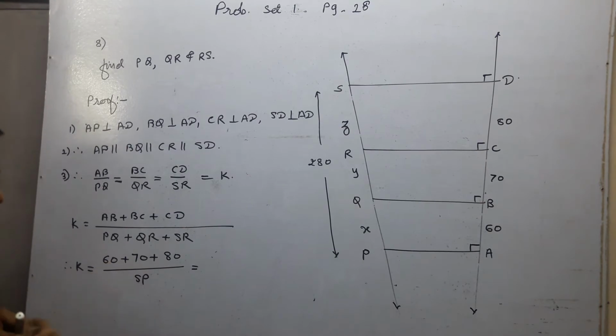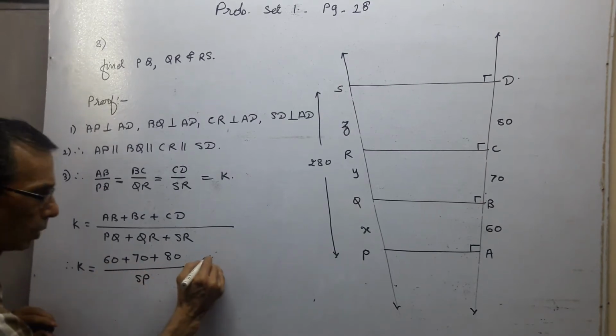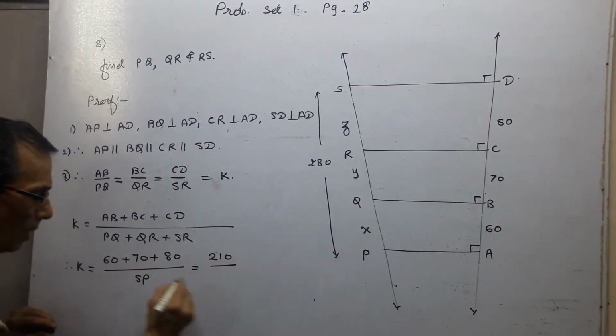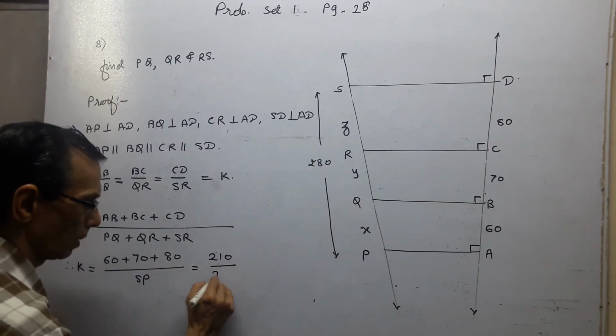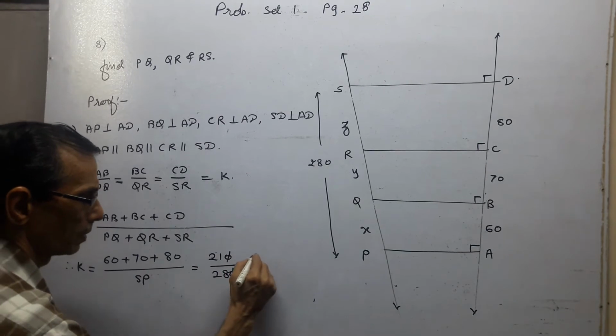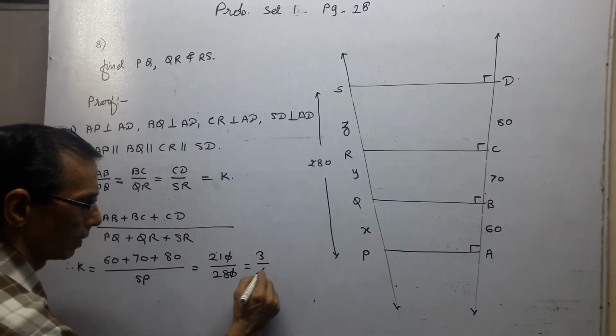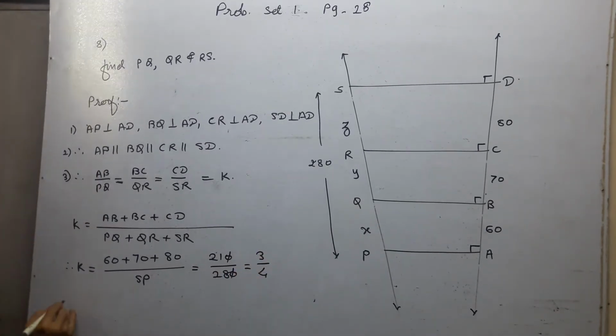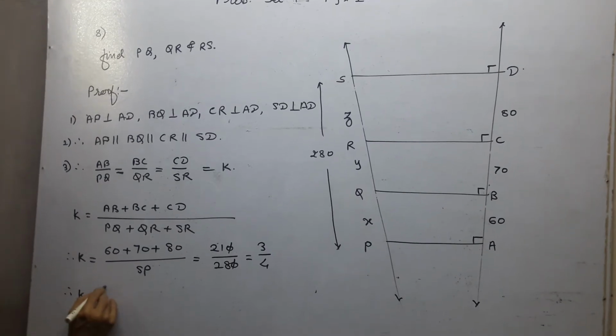So here 60 plus 70 plus 80 is 210 upon PS, which is 280. 0 cancel, and we get 7 3s are 21 and 7 4s are 28, and therefore K is equal to 3 upon 4.